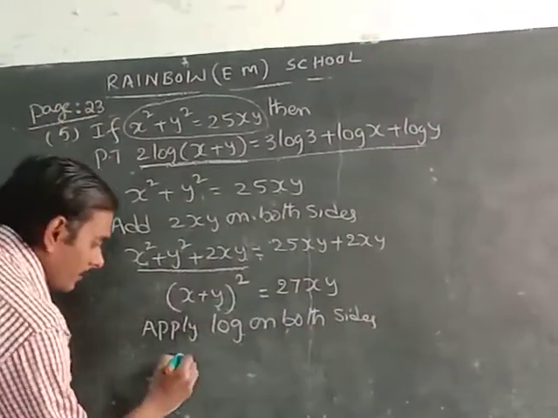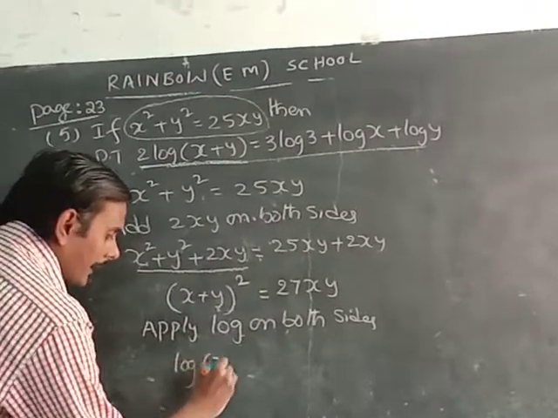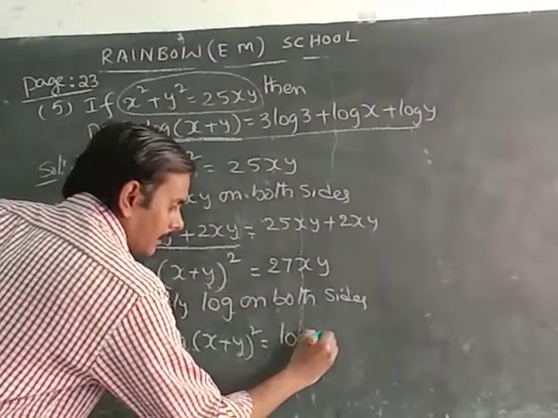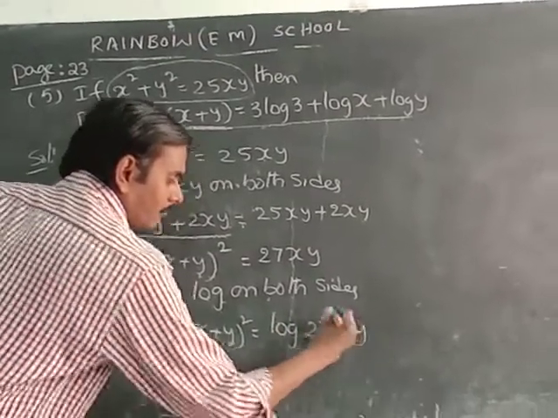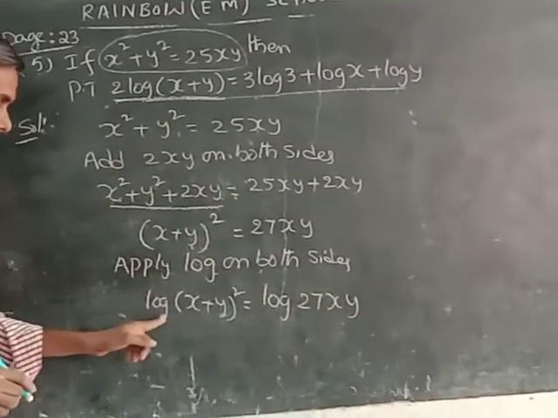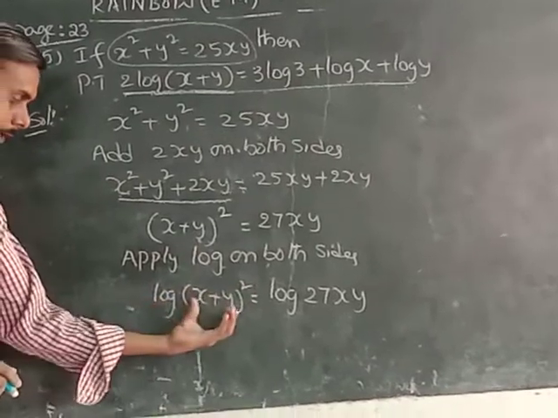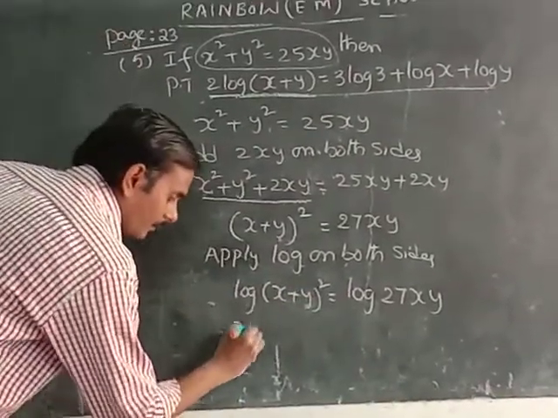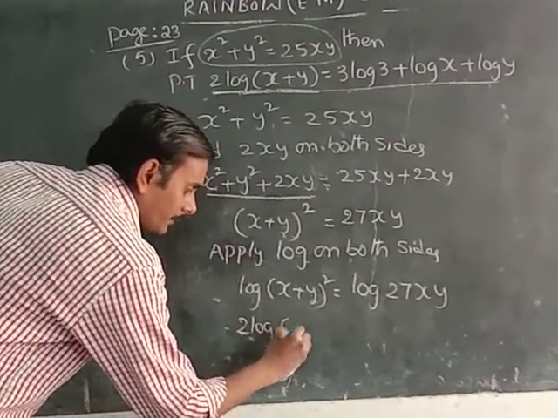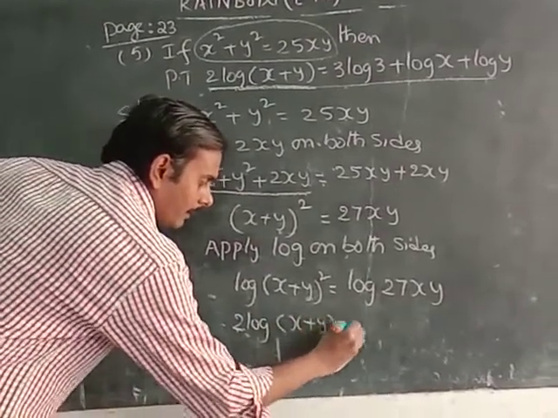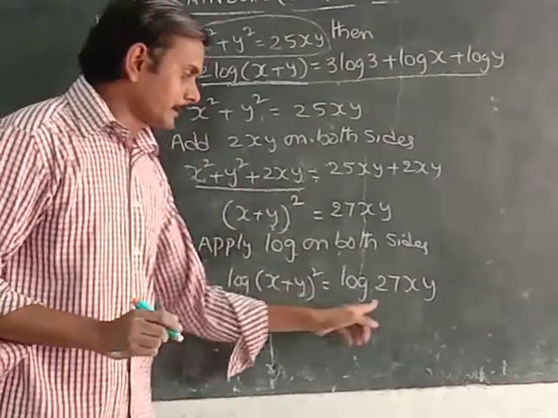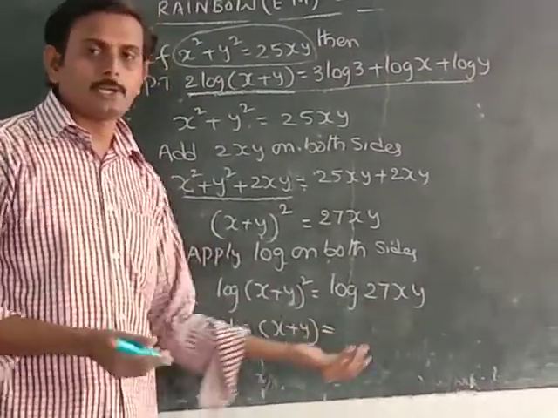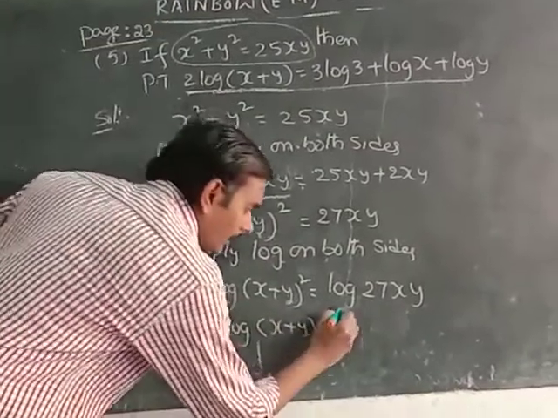Applying logarithm: log (x plus y) whole square equal to log 27xy. Using the log exponent rule, we can write 2 log (x plus y). Now we can expand the right side also: log of xyz, multiplication, we write as addition.